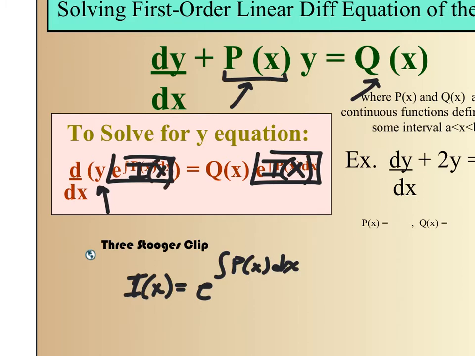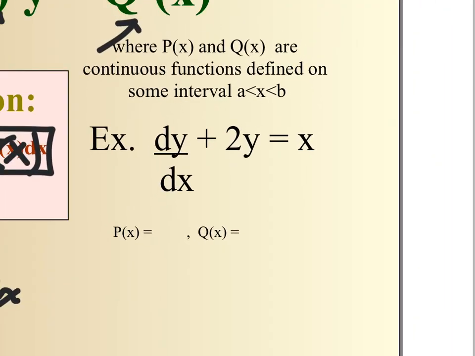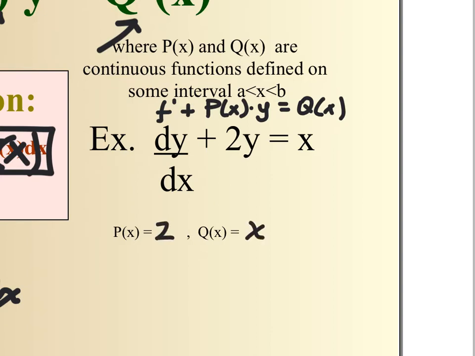Okay, so let's look at an example. This is in the form, I'm going to write it like this just to save some space: y prime plus p of x times y is equal to q of x. So you can see that p of x equals 2 and q of x equals x.